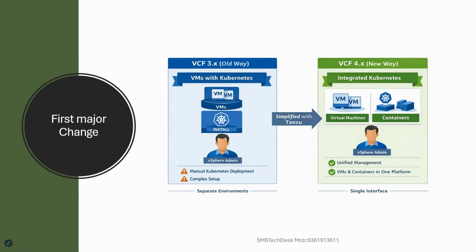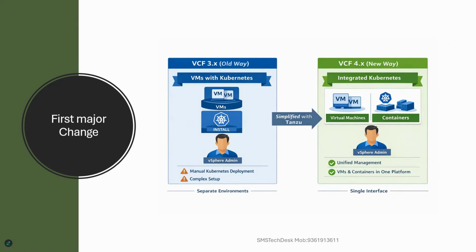When comparing VCF 3.x to 4.x, the first biggest change is Tanzu. In VCF 3.x, if someone needed Kubernetes, they had to create a virtual machine and then install Kubernetes on top of it, which added more work and more complexity.